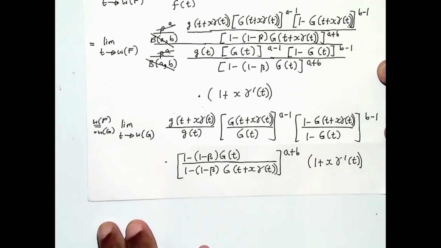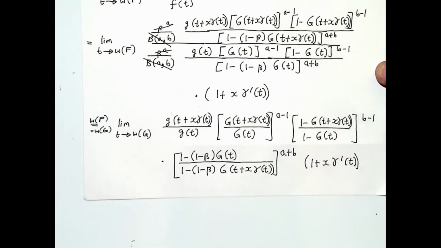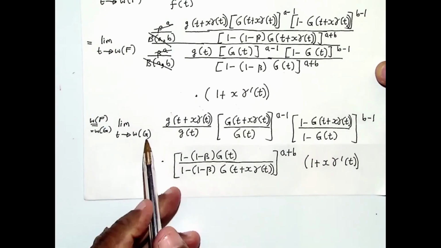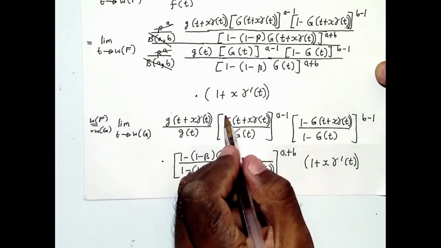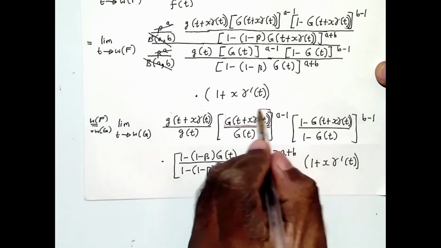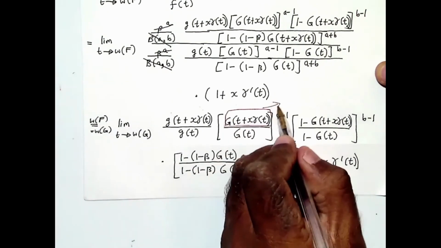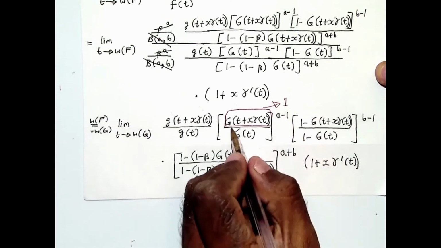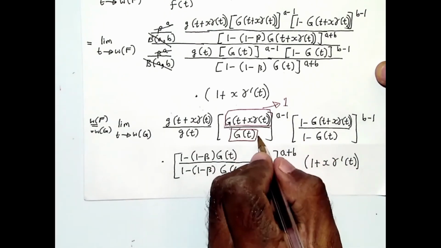Okay, all right. Now you will see a few things simplifying. As t goes to the upper end point of G, by definition, this has to go to 1. All right, this goes to 1.